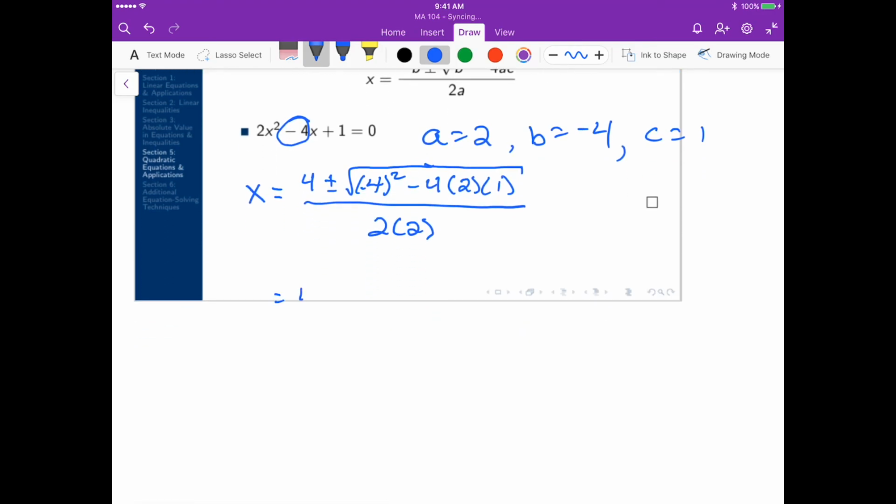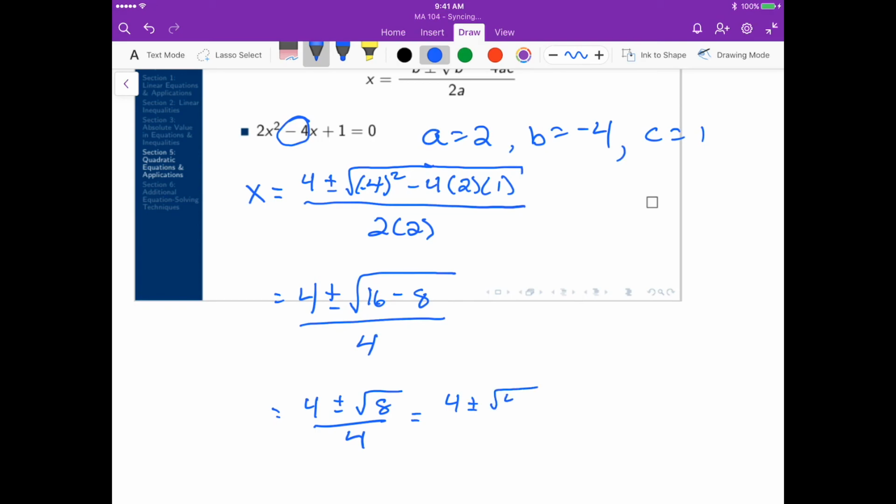We'll just continue simplifying. 4 plus or minus the square root, let's see, 16 minus 4 times 2 times 1 is 8, all over 2 times 2 is 4. 4 plus or minus the square root of 8 over 4. 4 plus or minus the square root of 4 times 2 over 4. 8 can be decomposed into 4 times 2. That 4 can come out as a perfect square. Plus or minus 2 root 2 over 4.